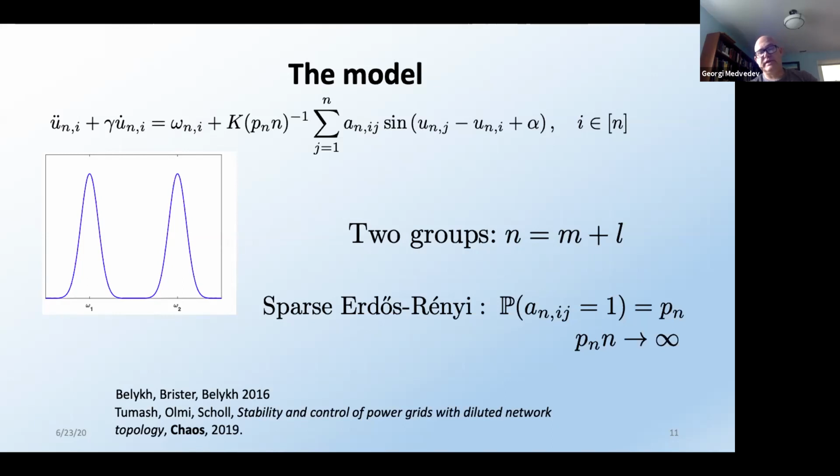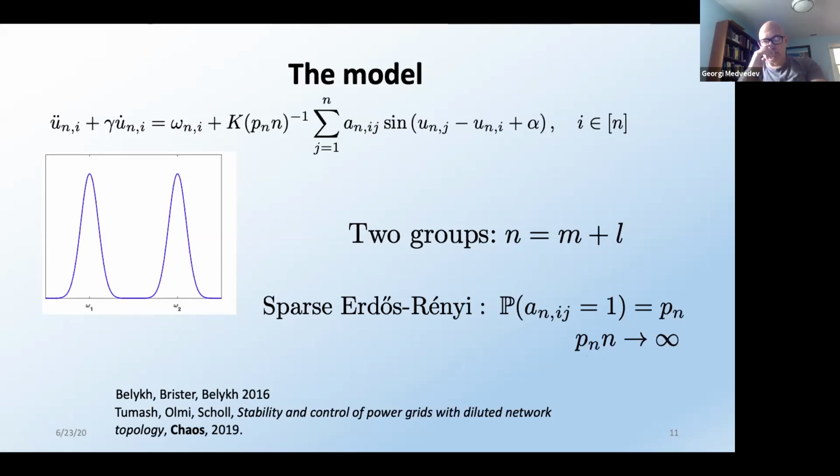This is not the main focus of our work at this point, but to demonstrate that we can handle this, we want to assign some connectivity, and we use Erdős-Rényi graphs, where the probability of connection between two nodes is P, and it can be small, it can go to 0, so we can handle sparse graphs. The only constraint is that P times N should go to infinity, which means that the average degree is unbounded. So this is our model.